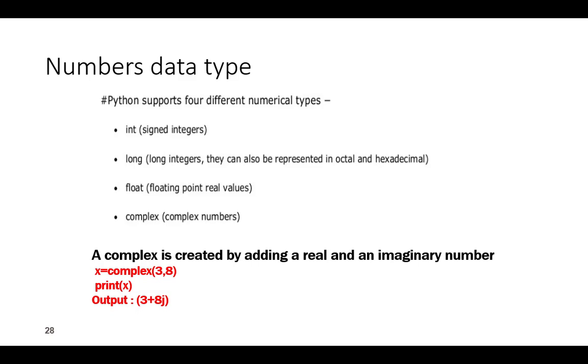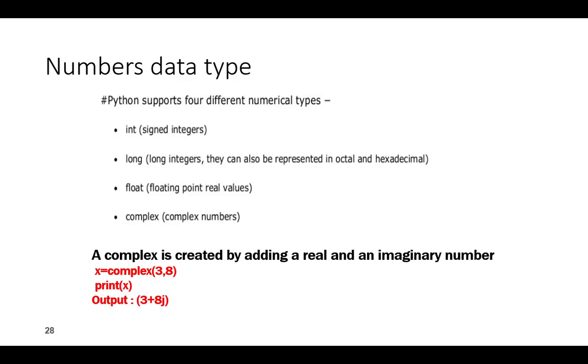Int, long and floating point values we have already seen in C language. A complex number is created by adding a real and an imaginary number.